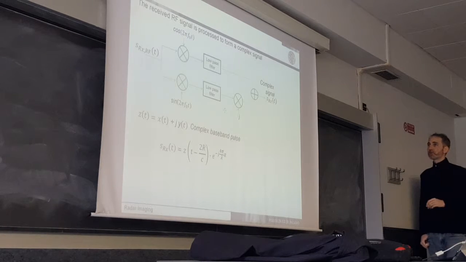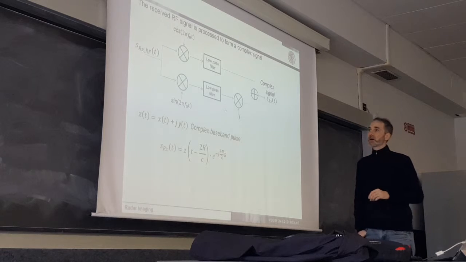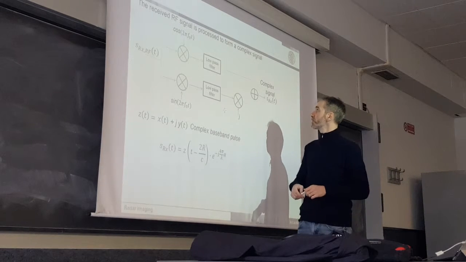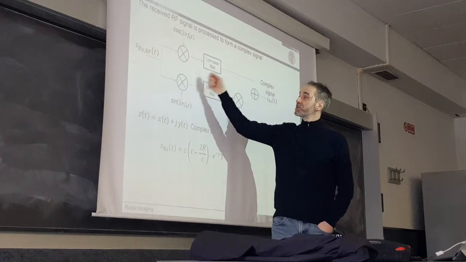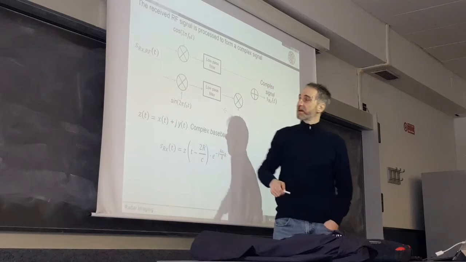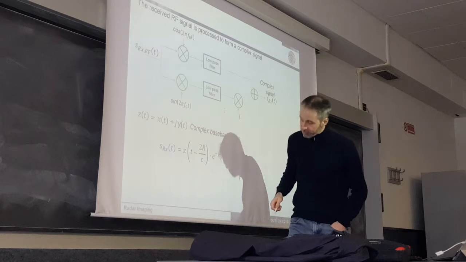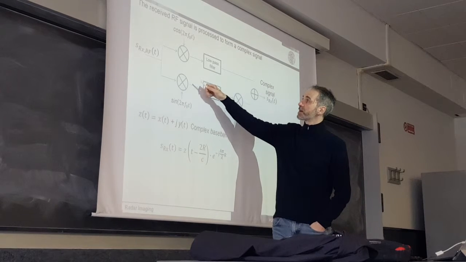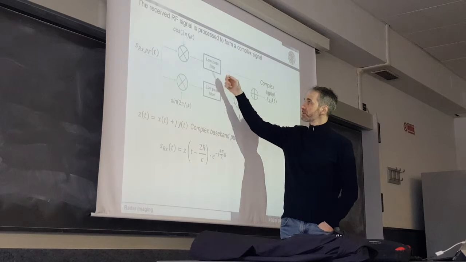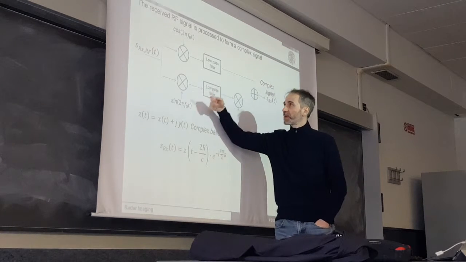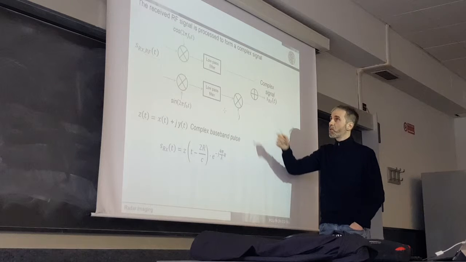Just to summarize what you already know, this is the scheme of the receiver. You receive a signal at radio frequency. This is a real valued demodulator, so this is what happens in the real world.